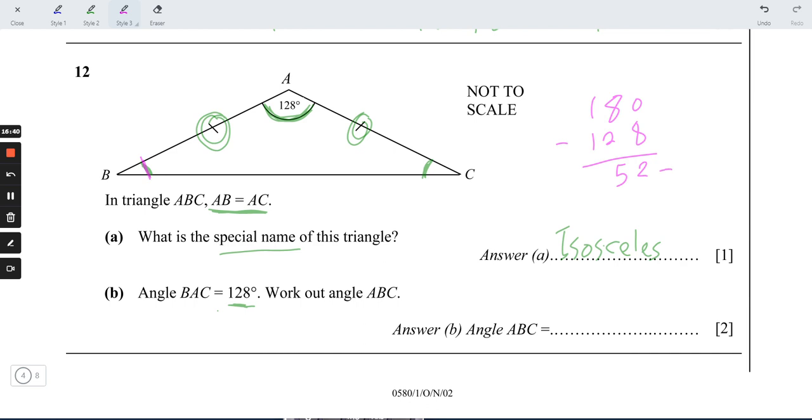Now 52 divided by 2 will get 26 degrees. Why did I divide it by 2? For one reason. In isosceles triangles we have two equal angles at the base and two equal sides. For this we divide it by 2.